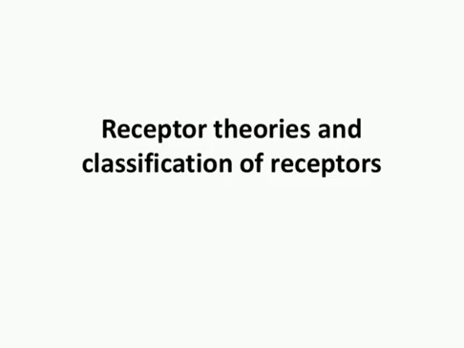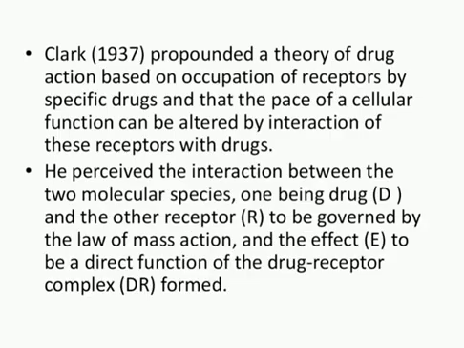So let's start. Talking about the receptor theory, after studying quantitative aspects of drug action, Clark in 1937 formulated a theory of drug action which was based on the occupation of receptors by specific drugs, and that the frequency or the pace of a cellular function can be easily altered by the interaction between these receptors and drugs.